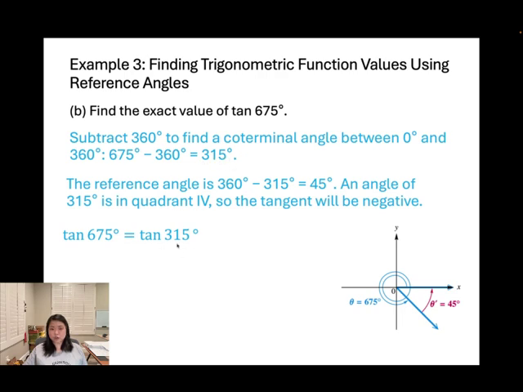First find the angle in between 0 and 360. Tangent in quadrant 4 will be negative, so that will be equal to negative tangent 45. What is tangent 45 equal to? That will be equal to 1, right? So that will be negative 1.